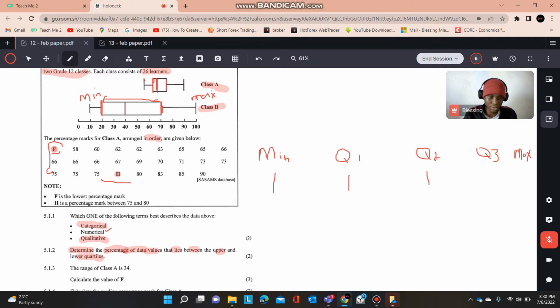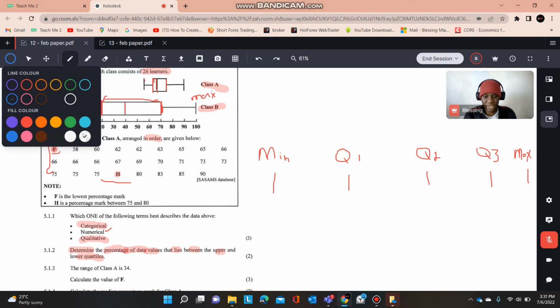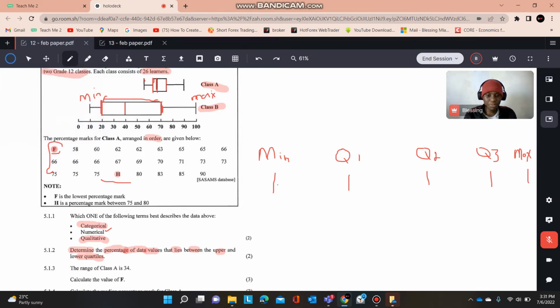So quartiles divide our data into sections of 25%, 25%, 25%, 25%. What do I mean by that? All the data values that lie between the minimum and the lower quartile, which is the first quartile, are 25% of the data set.